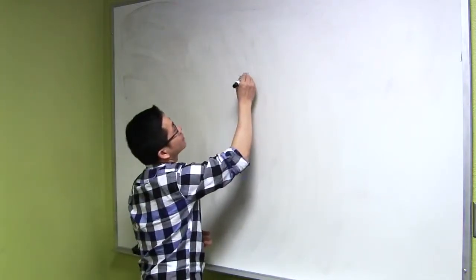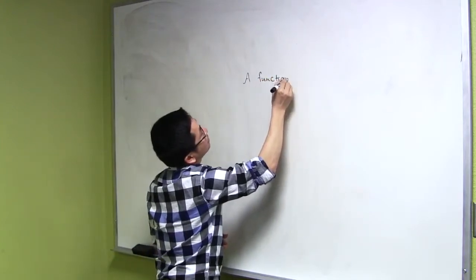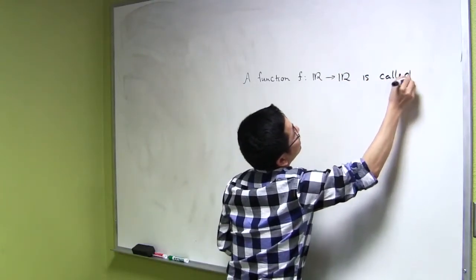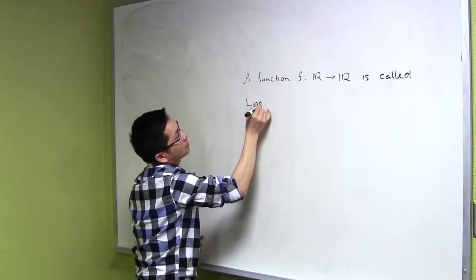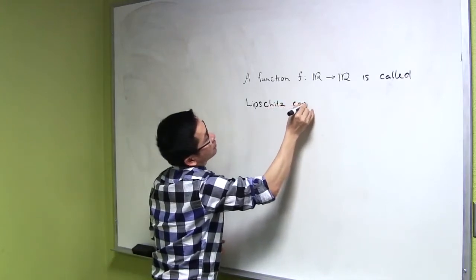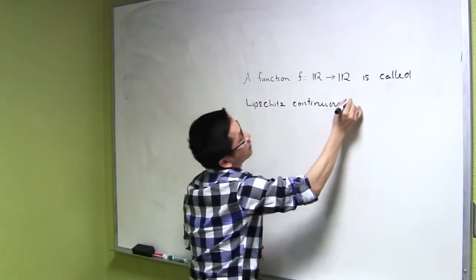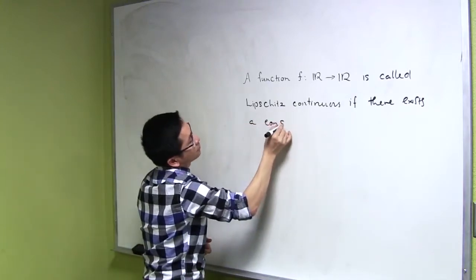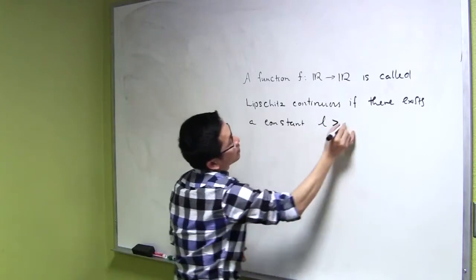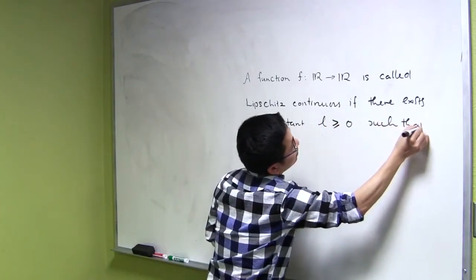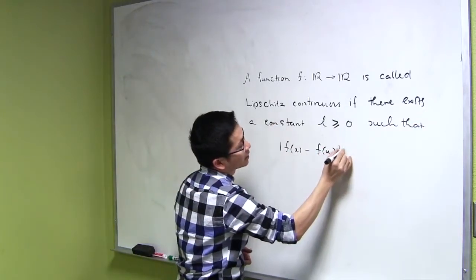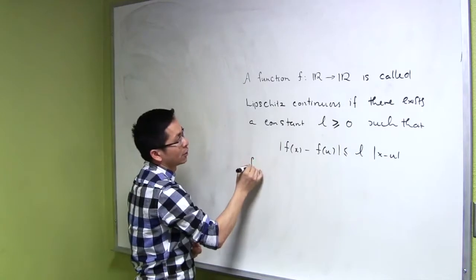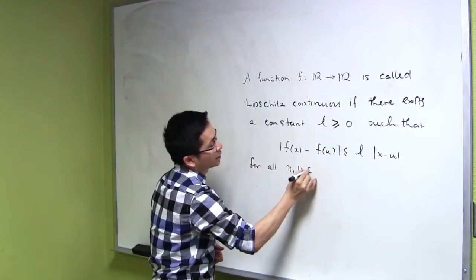A function f from R to R is called Lipschitz continuous if there exists a constant L that is greater than or equal to 0 such that the absolute value of f of x minus f of u is less than or equal to L times the absolute value of x minus u for all x and u in R.